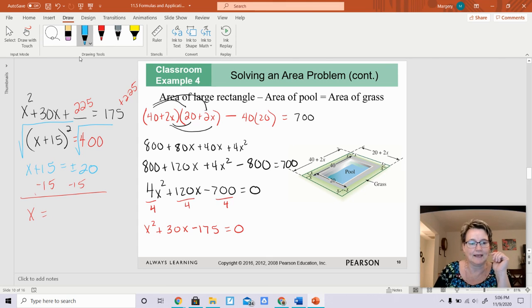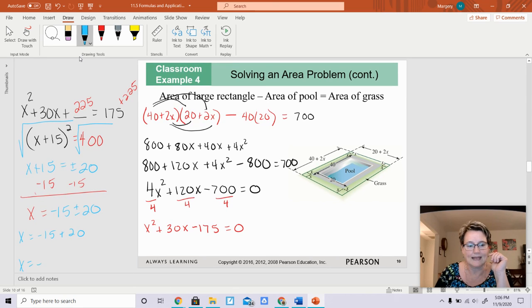It's going to be x equals negative 15 plus or minus 20. If I were you, I would write it out as negative 15 plus 20 or negative 15 minus 20. Your two answers are going to be negative 35 and a positive 5.